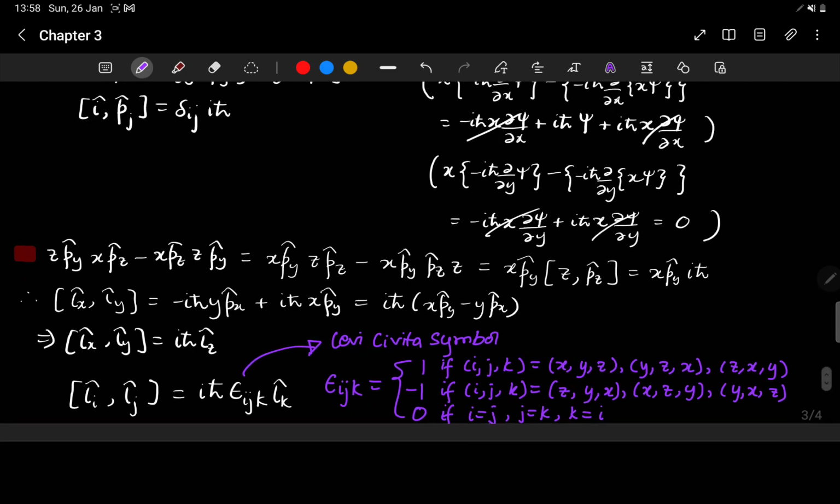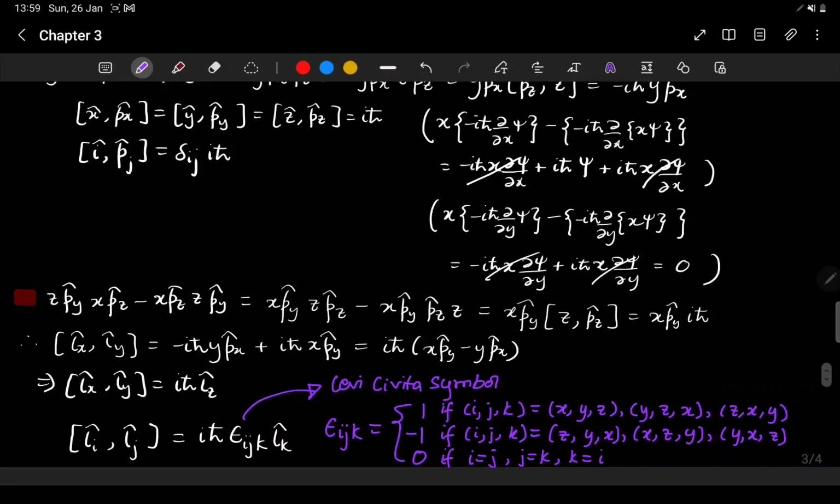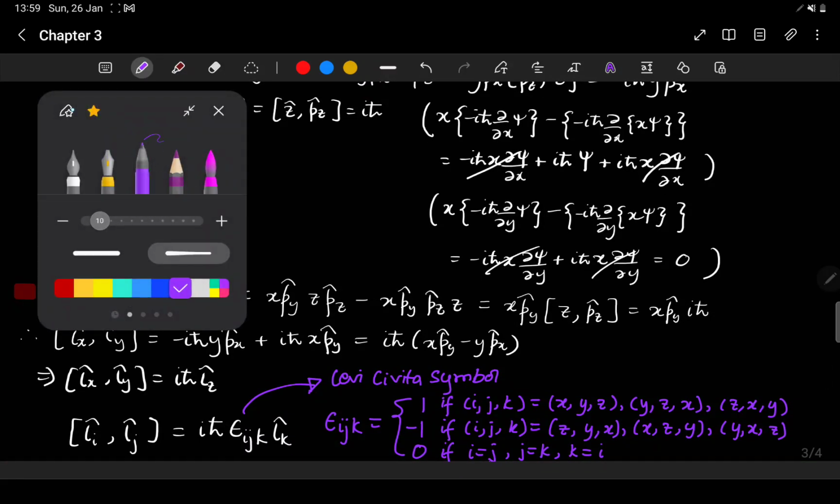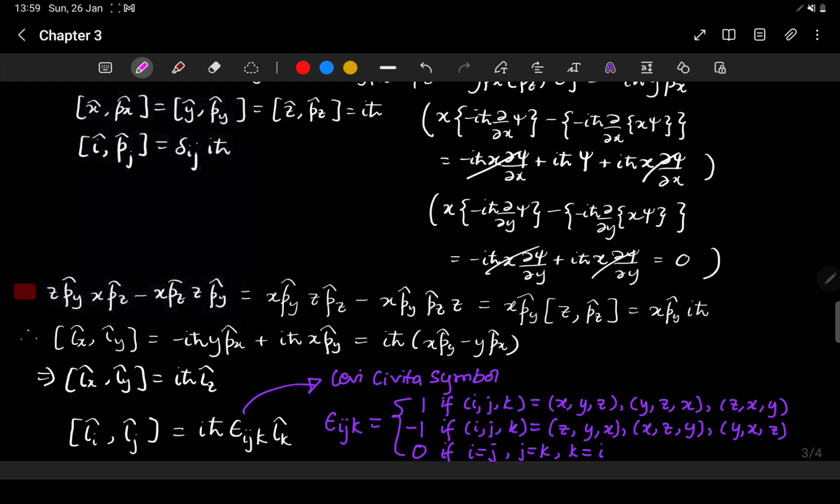So using this, you can actually write down the commutator for any pair of components of the angular momentum operator. And this is an important result. And this is the most general form of the result.